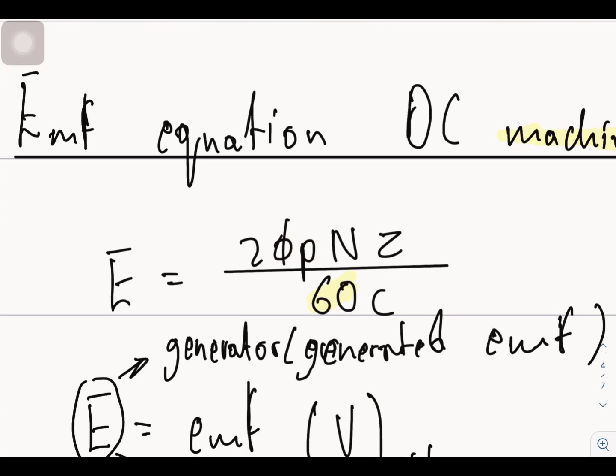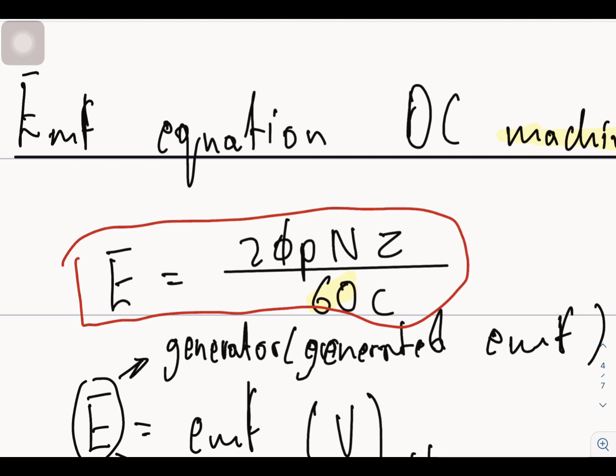But when I want an equation that I will use in both generator and motor, we use this one. But here you must take note of something. This EMF equation applies to both machines in quantities that are not electrical. For example, what am I talking about? Flux is not electrical, it's a magnetic quantity. The poles are not electrical. The speed is not electrical, it's a mechanical quantity.